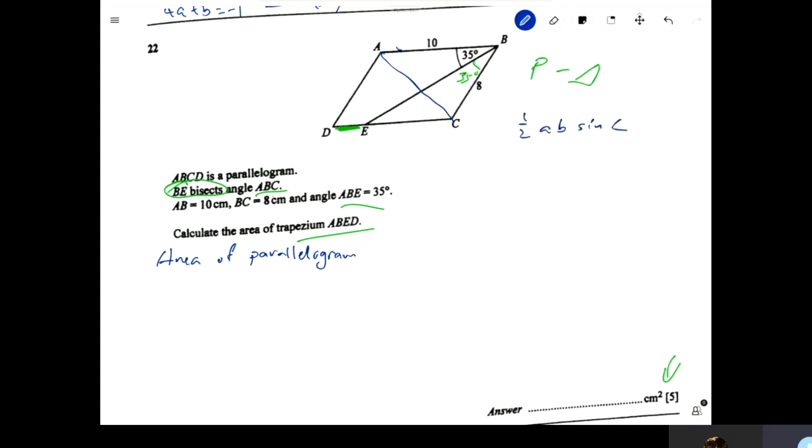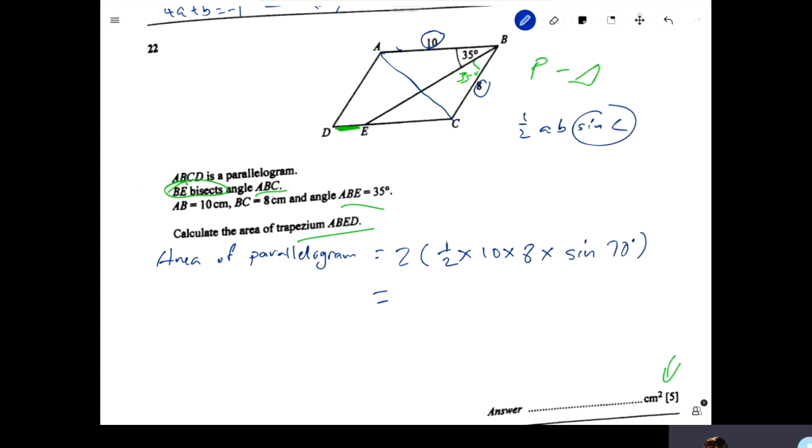Now the A is 10 and the B is 8. C is 70. So if I want to find the area of the parallelogram, it's 2 times half times 10 times 8 times sine 70 degrees. Okay, do you understand this part? This is the first one.